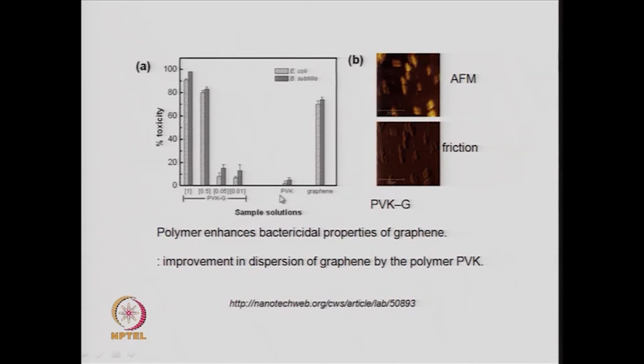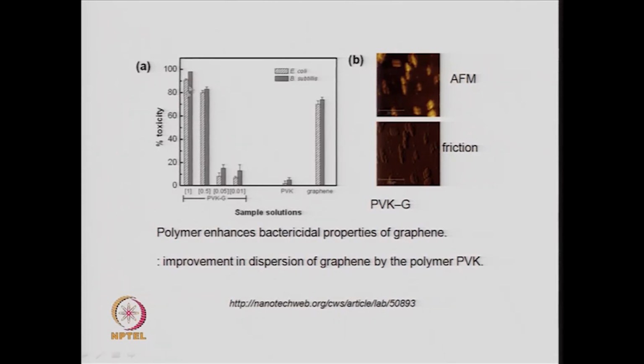So, if you have PVK, this is the pure polymer, right. It is not toxic to the bacteria, E. coli and B. subtilis. Graphene has toxicity of around 70%. Now, when you have this mixture of PVK and graphene, that is PVKG, and these are different sample solutions, you see that for certain solutions the activity is very high, nearly 97%.